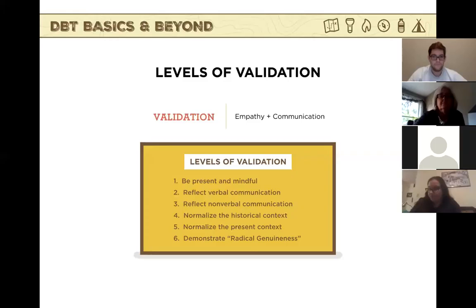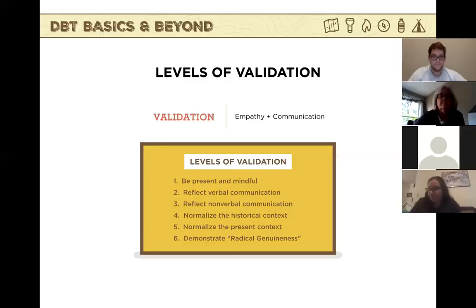Okay, and then finally, the last layer of validation is what Marsha Linehan calls radical genuineness. So this is when we are just real with our clients, person to person, not even necessarily therapist to client. So are we going to be radically genuine with every single one of our clients all the time?